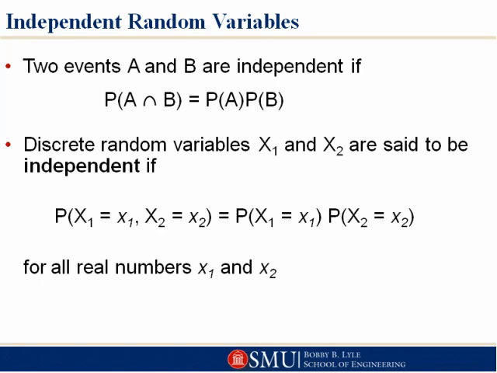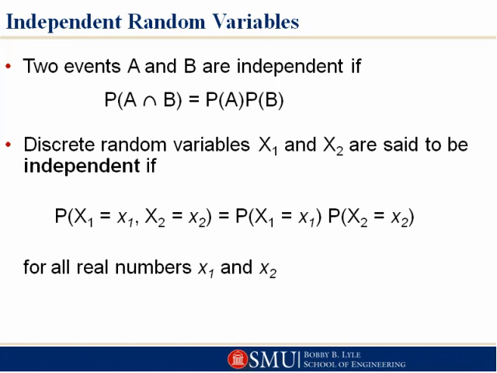In this area, we say 2 random variables, x1 and x2, are said to be independent if, similar to above, the probability that the random variable x1 takes a specific value, little x1, and x2 takes a particular value, little x2, is equal to the product.